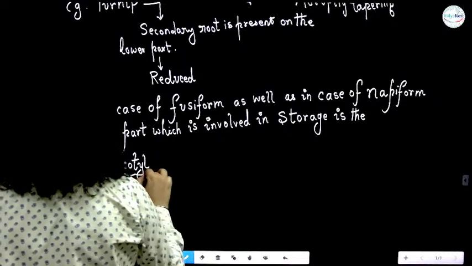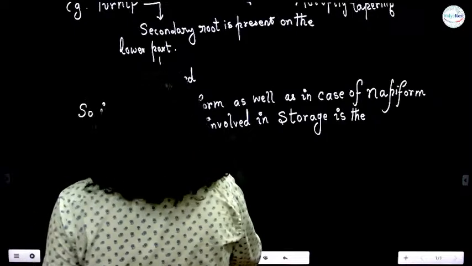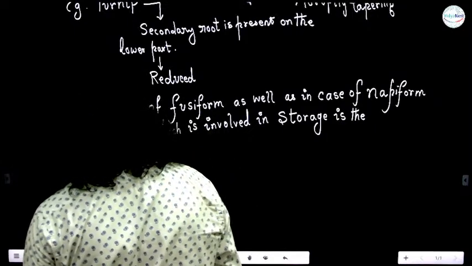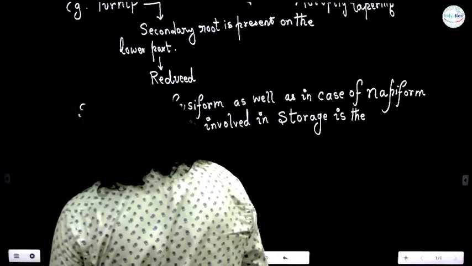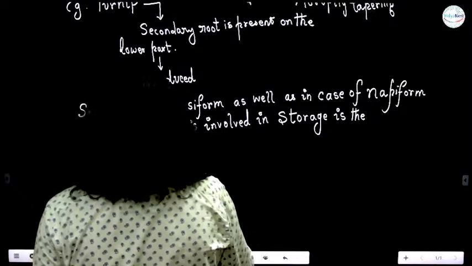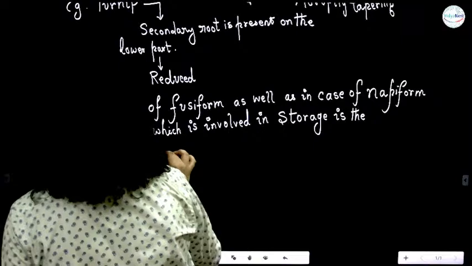This is known as hypocotyl. This hypocotyl is there along with the primary root and the secondary root. That is, along with the primary root, the part involved in the storage is the hypocotyl. This is important, important for MCQ.